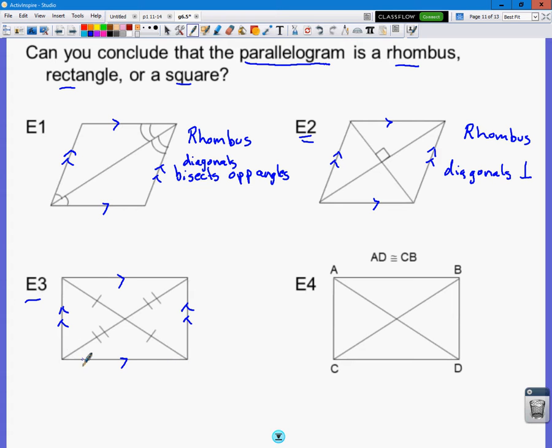Okay, does it show that the diagonals are congruent? It shows that it bisects, but does it show that this diagonal is the same as this diagonal? No, absolutely not.